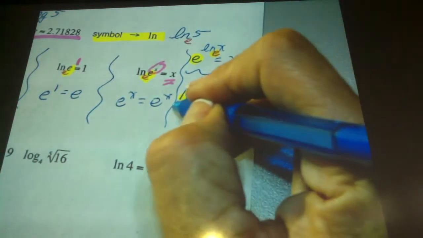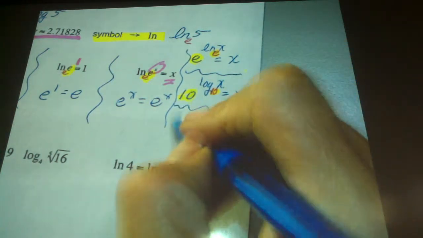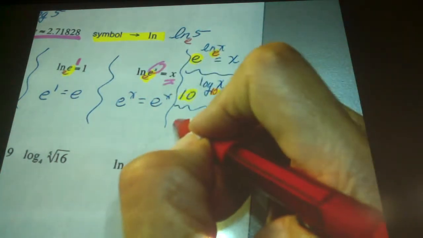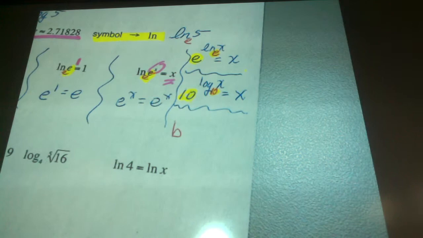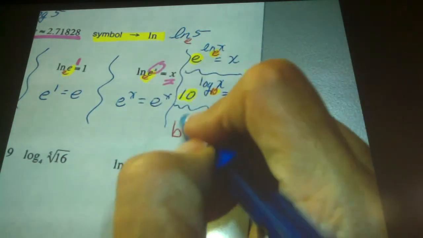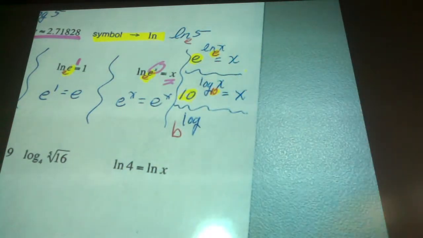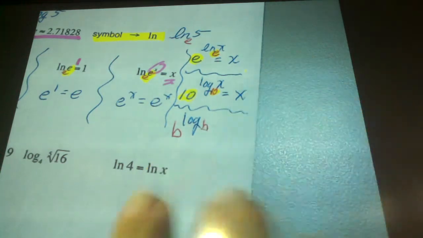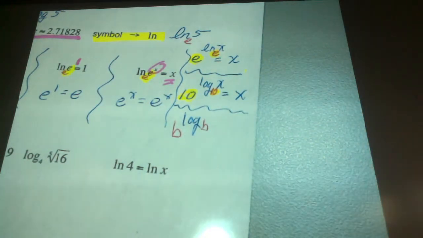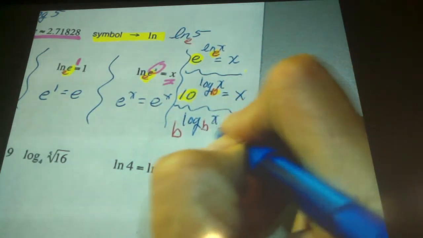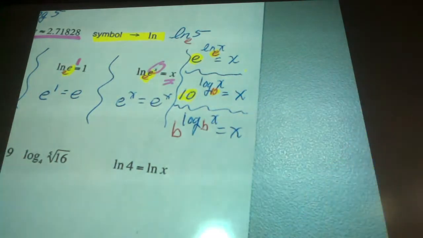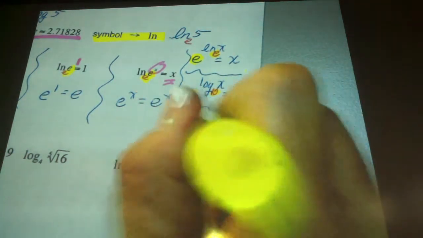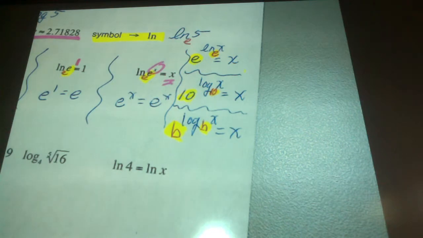Well, what if the base is not 10? What if my base is some number, we'll call it b, and I have the log base b of something? It'll still equal x. So long as the base of the log and the base of the power are the same, your answer is going to be whatever you're taking the log of.